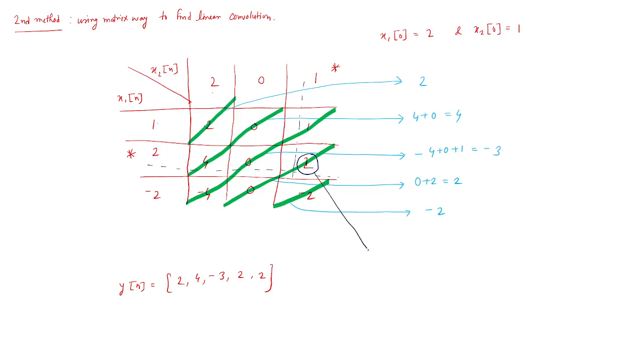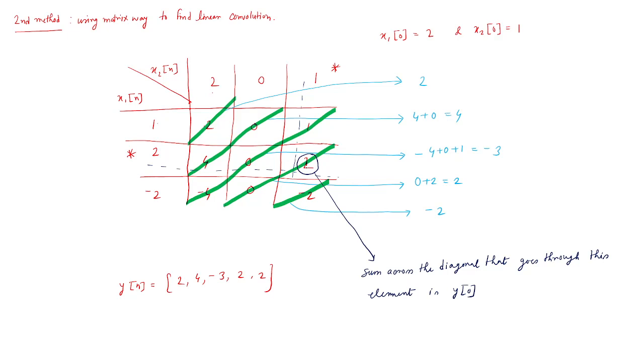So this element is not y0, the sum across the diagonal that goes through this element is y0.